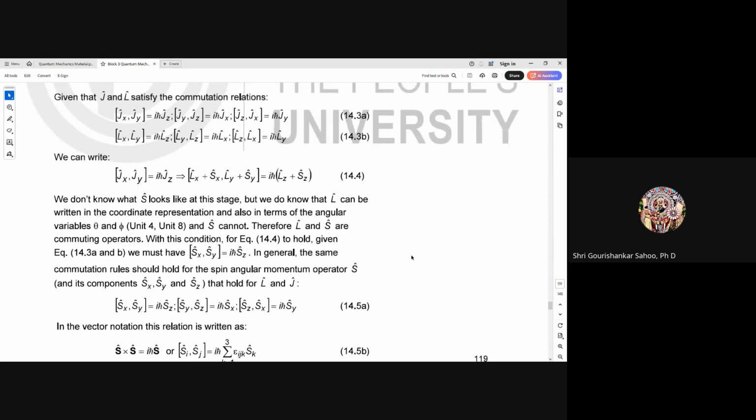So with this condition, you can have your Sx cap, Sy cap in commutation bracket will give you iħ Sz cap.